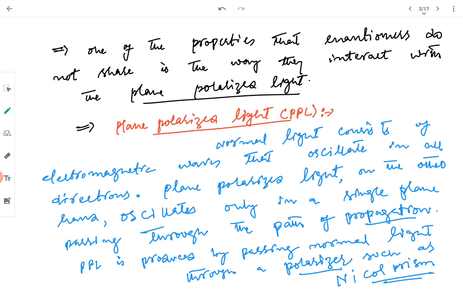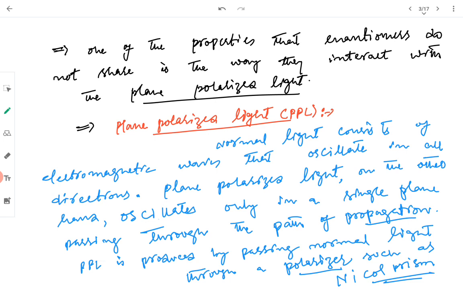They will interact with it differently. First of all, we'll see what plane polarized light is all about, which we will abbreviate as PPL.